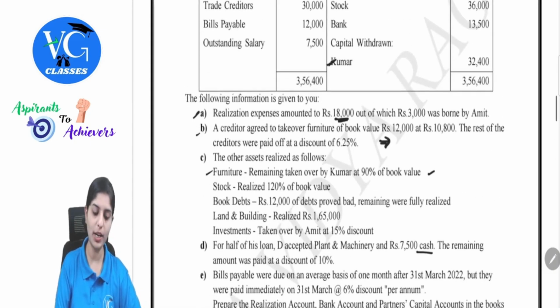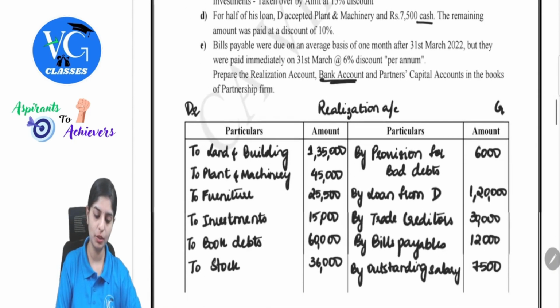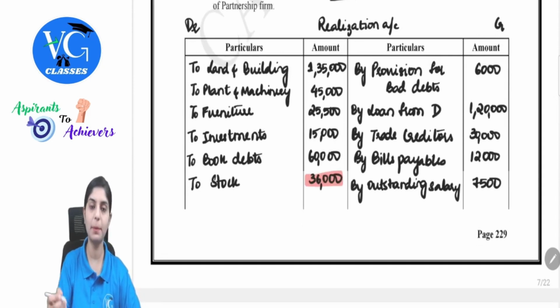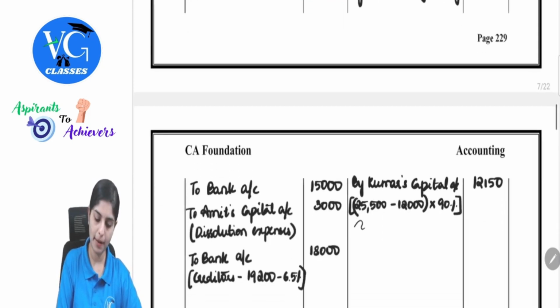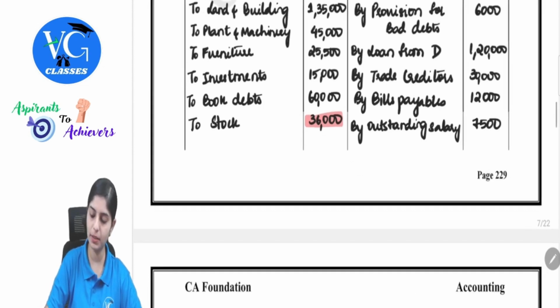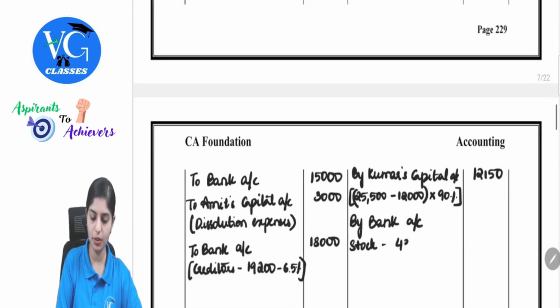Then stocks realized at 120% of book value. So stock is presented at 36,000. So 120% is realized by bank. We can just take one entry for this and write down the value of the asset. Stock is 36,000 into 120% will be 43,200.